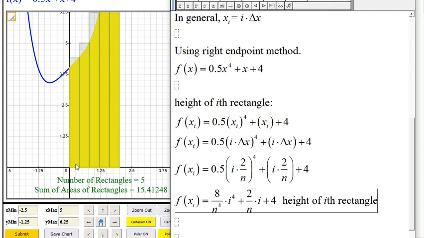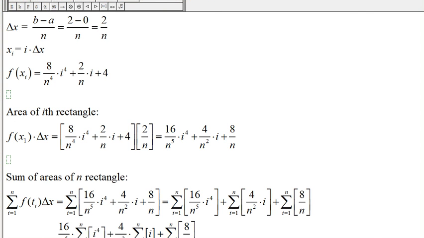For example, if we want the height of the first rectangle, in this case n is 5, then here we put a 5, and here we put a 1 for the first rectangle, and put a 5 here and then a 1 here, and then calculate this, and it will give us the height of the first rectangle, and so on.